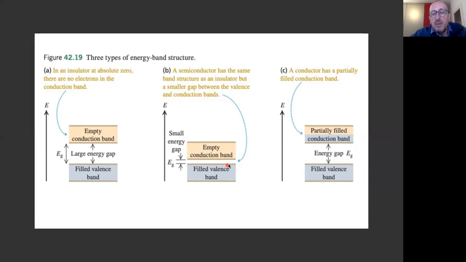I told you before, if I shine light in here and give them enough energy to jump through the gap, the electrons in the valence band will be optically excited into the conduction band. No problem. The other way is to thermally excite them. Just heat this up. If you heat this up, there's a finite probability that you will have charged carriers up here.